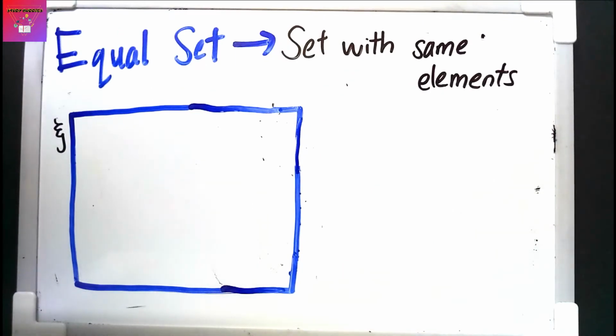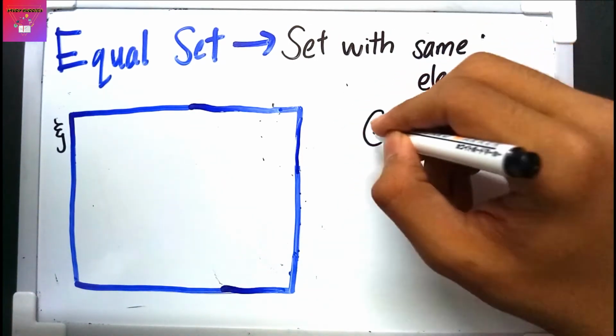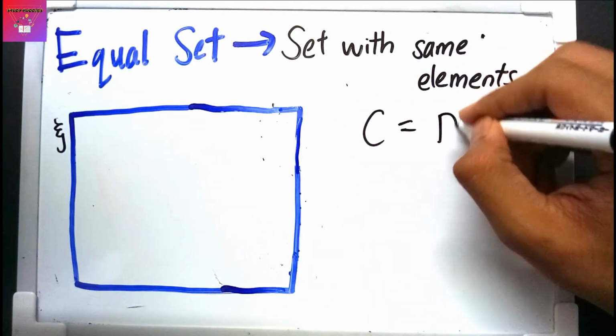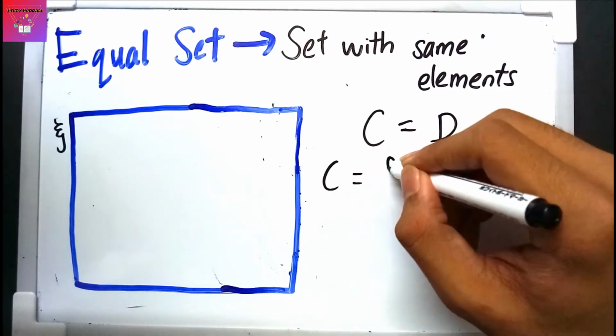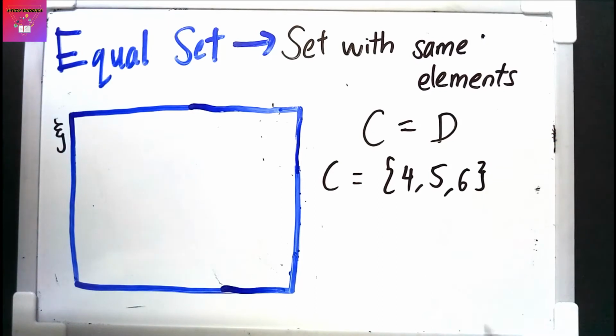So now let's resume with equal sets. Equal sets are basically sets with the same elements, which means, let's say if I have set C, all elements in set C are the same as set D. For instance, let's say set C has numbers 4, 5, and 6. So set D would also have the same elements, which are 4, 5, and 6.